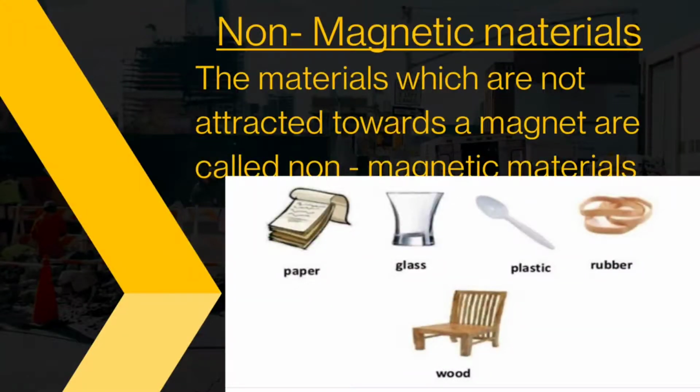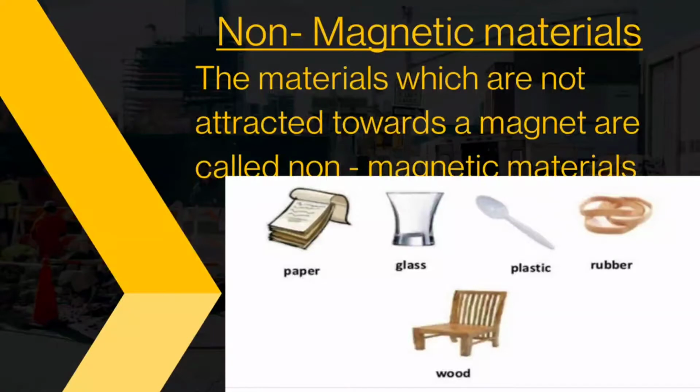After that, non-magnetic material. Again, one more time: some materials get attracted towards a magnet while some are not. The materials which are not attracted towards a magnet are called non-magnetic materials.